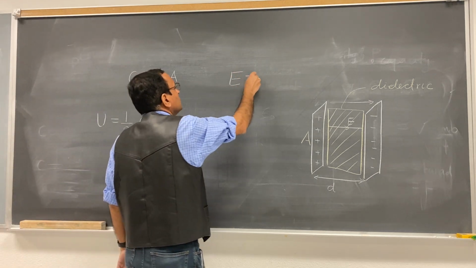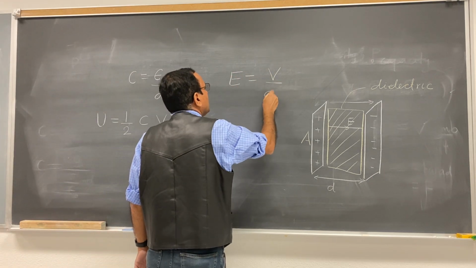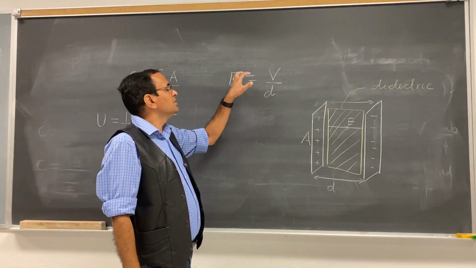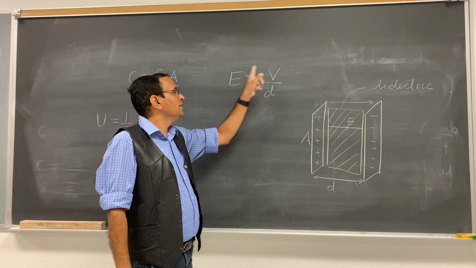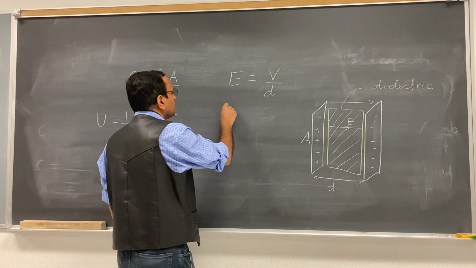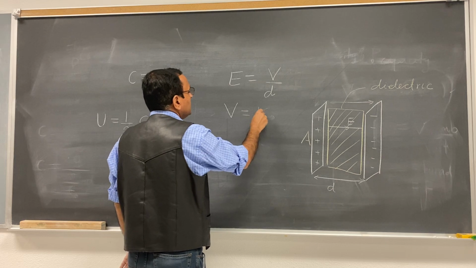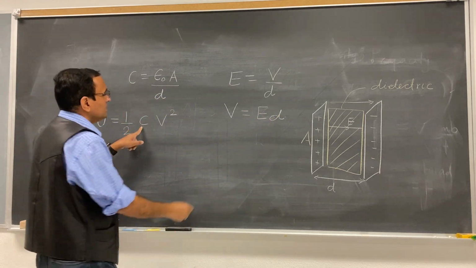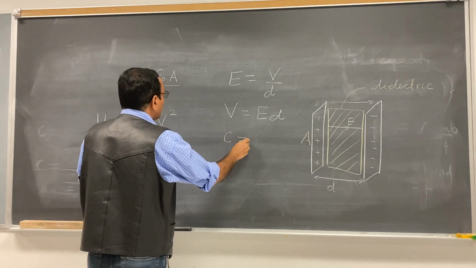E is equal to V divided by D, magnitude only. I did this in previous lectures. This is the relationship between electric potential and the electric field. So what is V then? V is E D. And in this formula, what is C? What is capacitance?